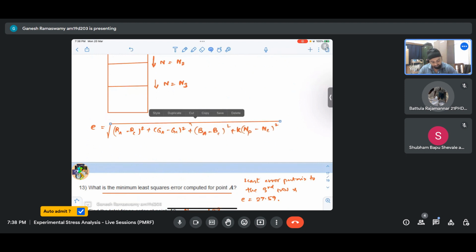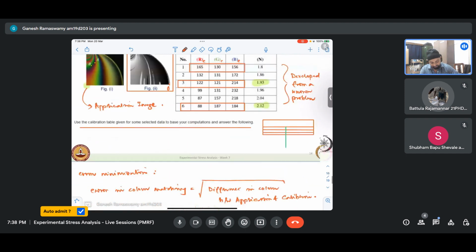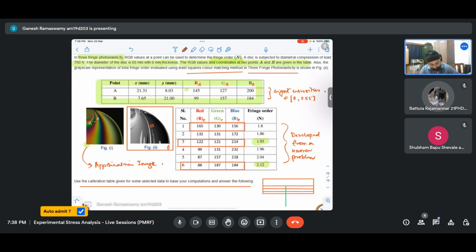So this addresses color repetition. What this will do is, let us say our pixel under consideration was this, and we first did a first level analysis like we did now with the color matching scheme, and we got the fringe orders at every pixel. Now this will refine it.